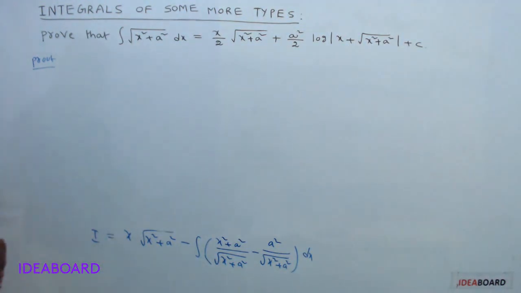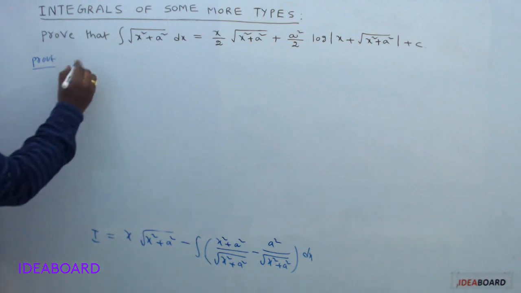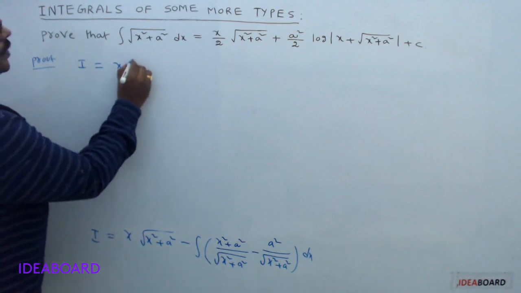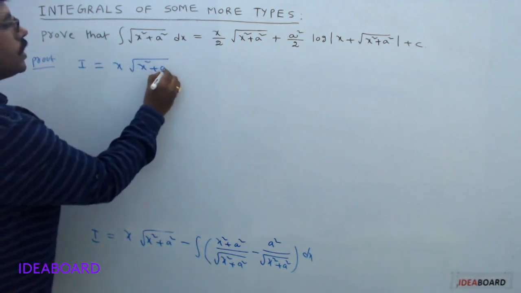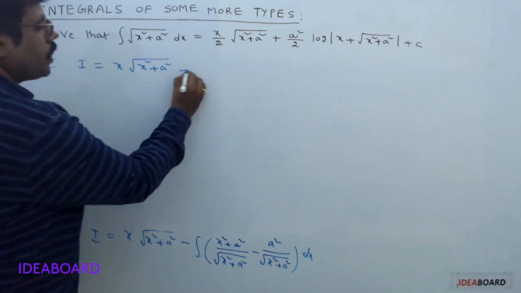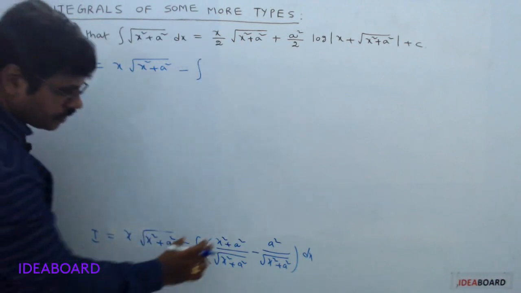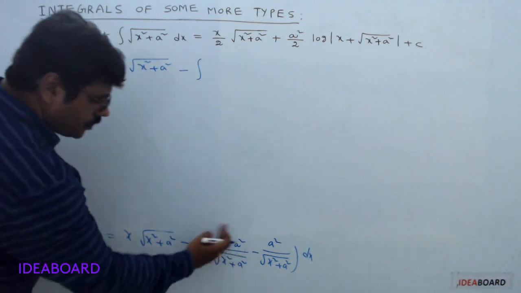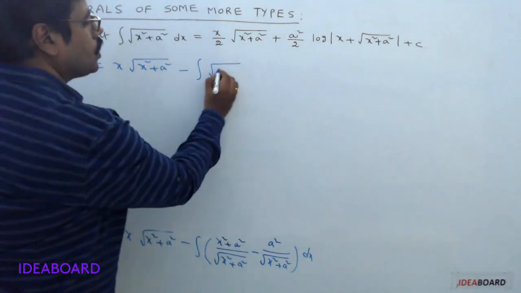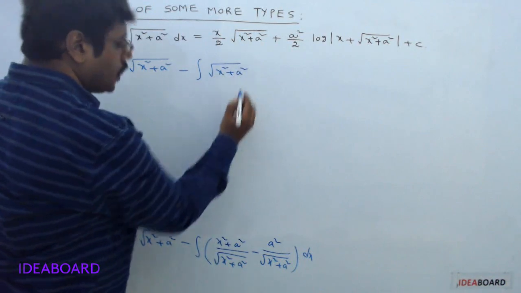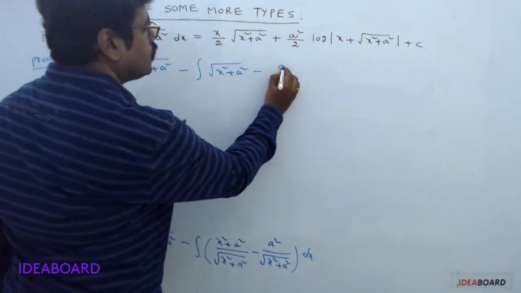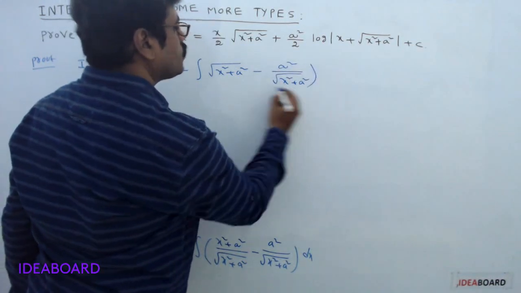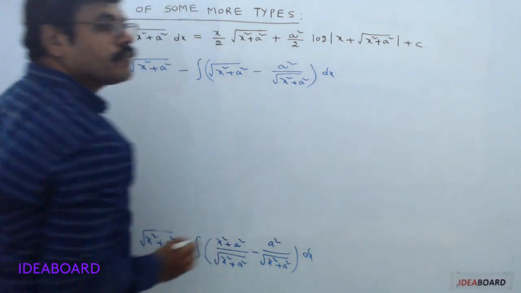Now see the continuation. The LHS part is I, equal to x into square root of x square plus a square, minus integral of x square plus a square divided by root of x square plus a square, which can be taken as root of x square plus a square, minus a square divided by square root of x square plus a square, dx.